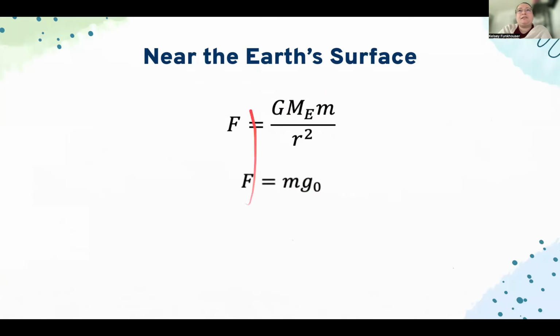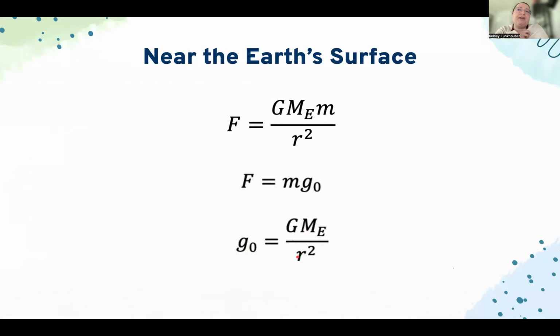If we set these forces equal to each other, and this is the same mass because it's just whatever object we're looking at, then that mass cancels out and we end up with an equation for the local acceleration due to gravity, which is g equals the gravitational constant, times the mass of the Earth, divided by the radius squared.